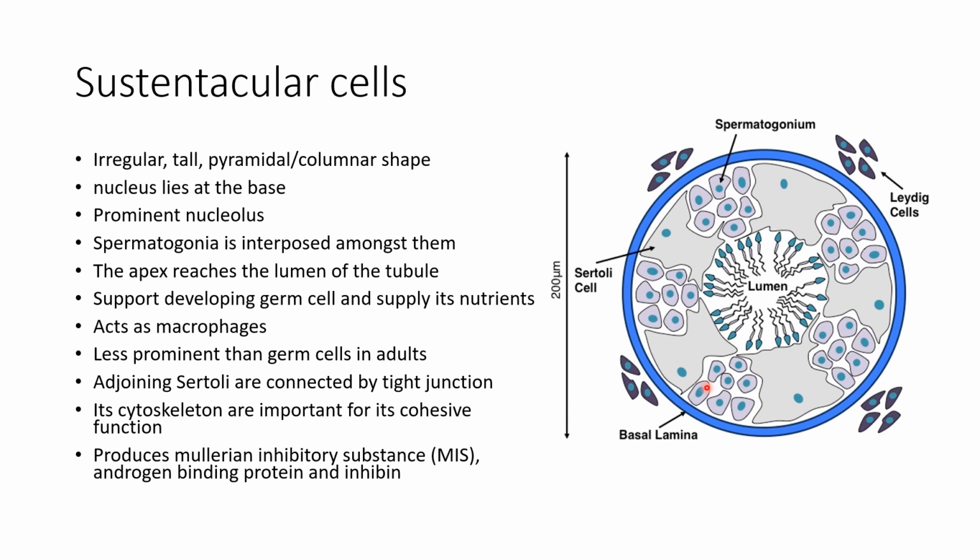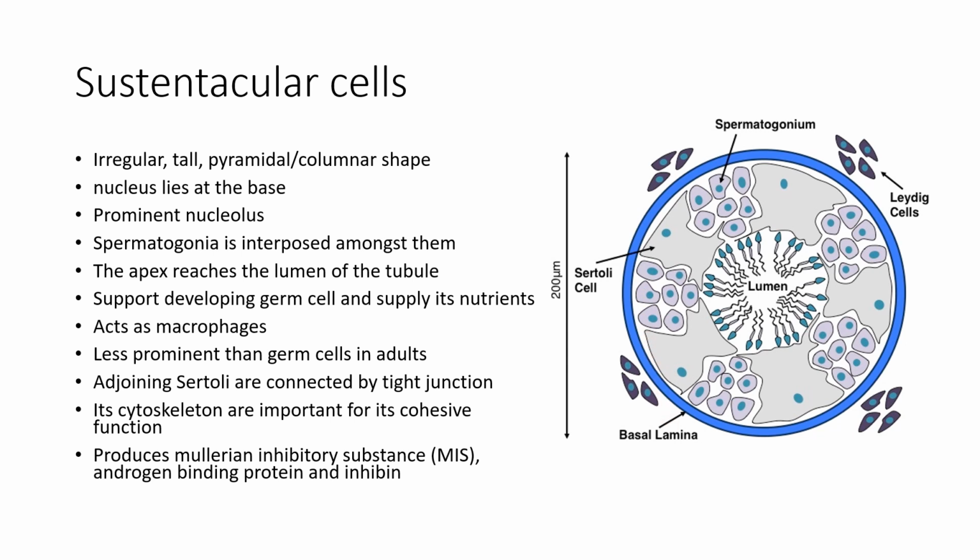Once Mullerian inhibitory substance is produced in a particular embryo, it inhibits the Mullerian body from developing, so that embryo eventually becomes a male. But when this MIS is not present in a growing fetus, the Mullerian body is definitely going to develop, and that embryo will eventually be a female. Okay, so that's the role of testicular cells.